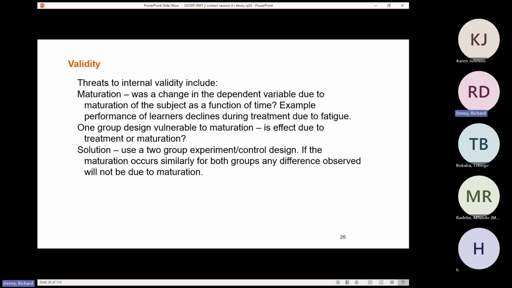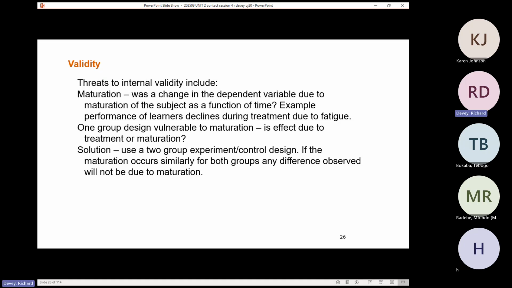For example, the performance of learners might decline over time because of fatigue. As individuals, when we're working as the year progresses and we get tighter towards the end of the year, we might have more mistakes. We're not making more mistakes because of an intervention. We're making more mistakes because the year is just getting more intense as time goes on.